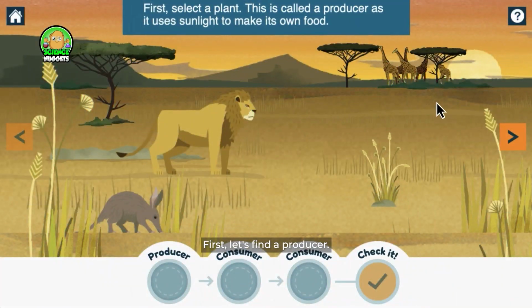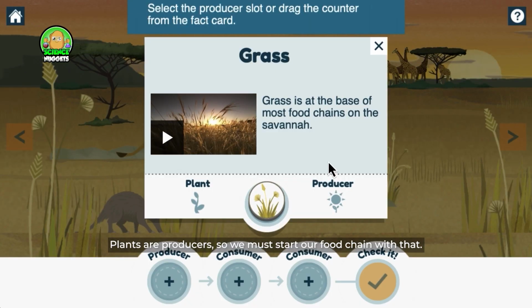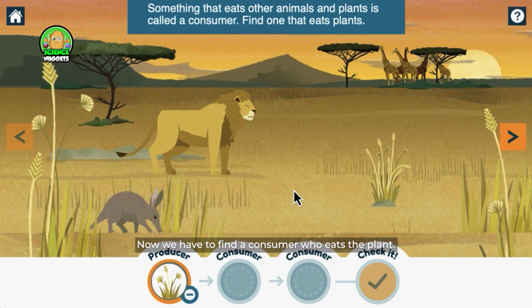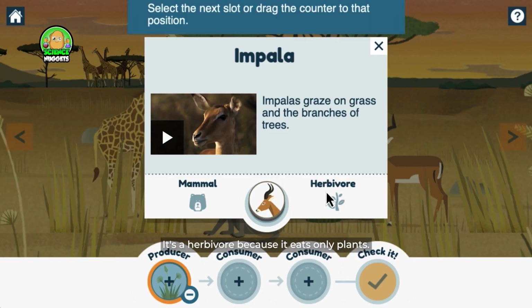First, let's find a producer. Plants are producers, so we must start our food chain with that. Now we have to find a consumer who eats the plant. It's a herbivore because it eats only plants.